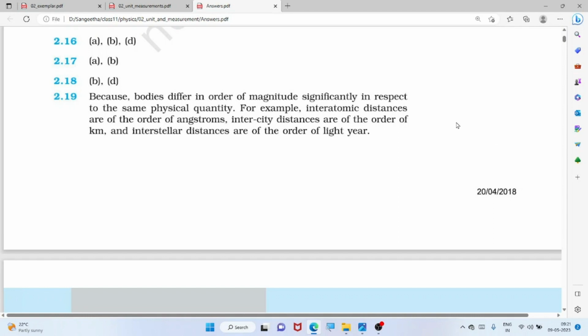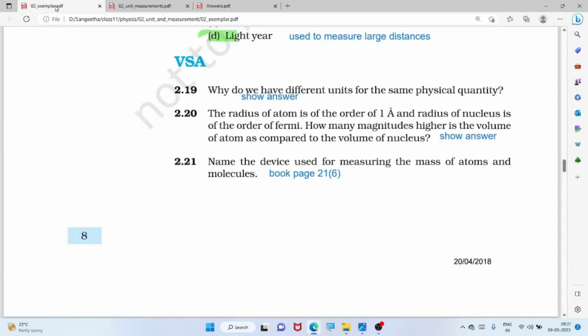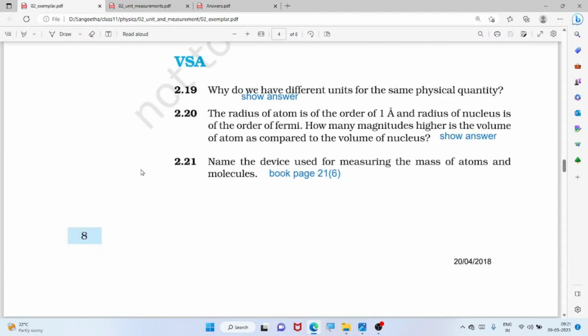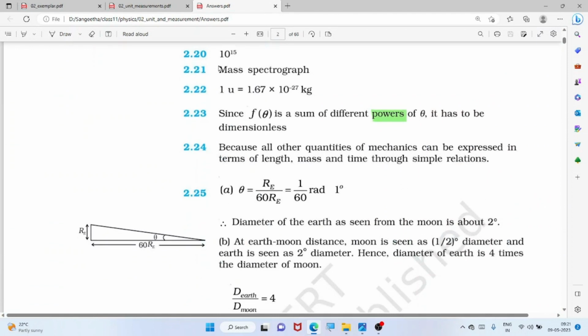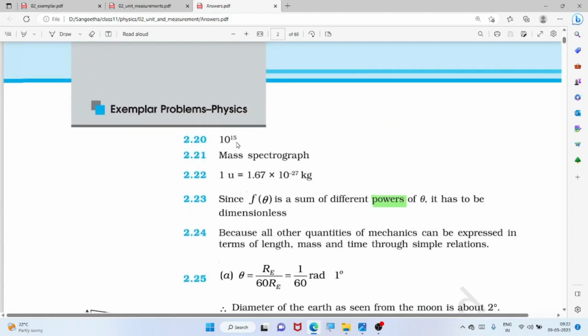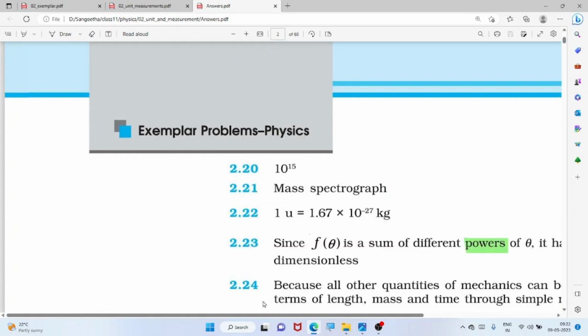For example, interatomic distances. You can go through this. The radius of the atom is one Angstrom, and the radius of the nucleus is many orders of magnitude smaller, so the volume of the atom is higher as compared to the volume of the nucleus. They have given this, you can go through it. It is 10 power 15.